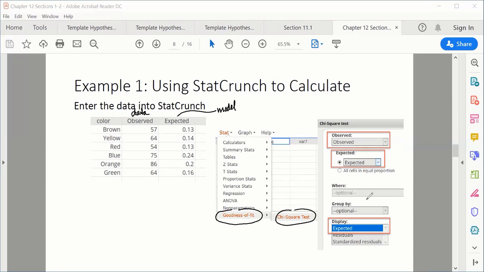Okay? You choose your observed, and that's why I call the column observed, because it's easy to find it. And you choose your expected. And you ask on the bottom to display the expected right here. Okay.